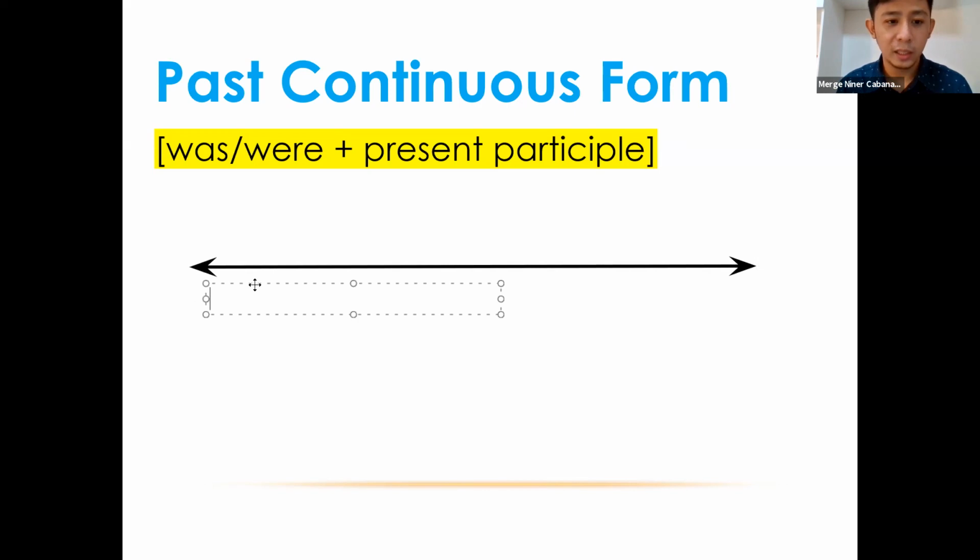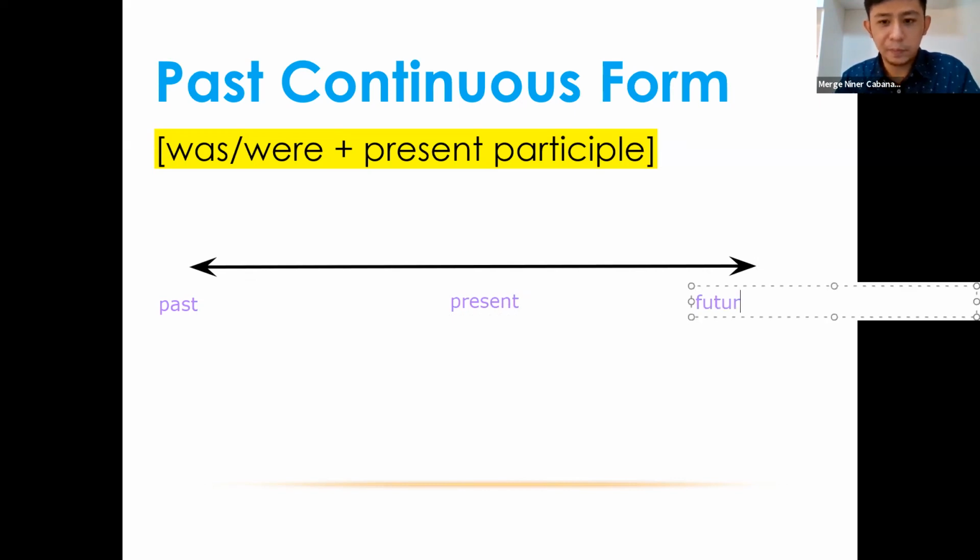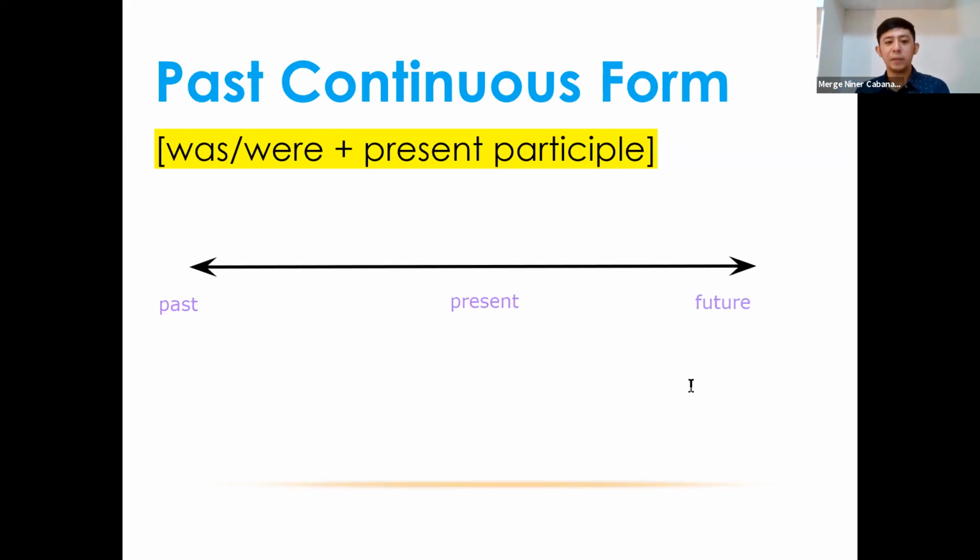This one is the past. All right, this one is the present. This is where we are right now. And this one will be the future. All right, so we're happy about this one. So I have a good drawing right here. So past, present, and future.